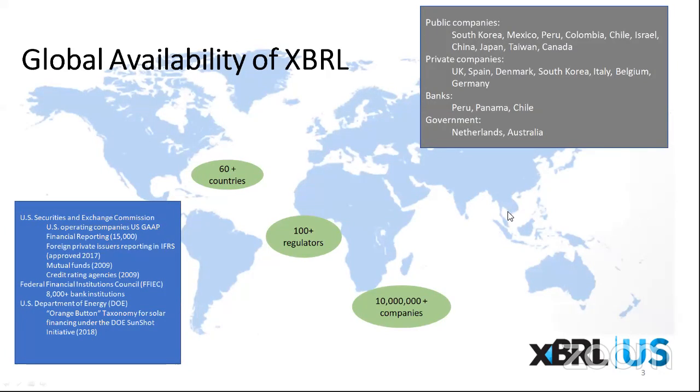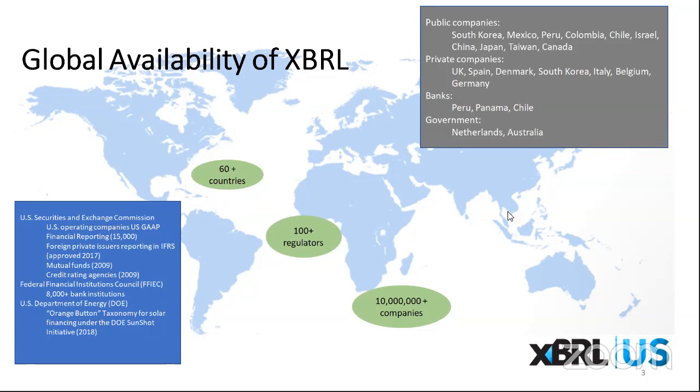In terms of availability, on the screen, you'll see a listing in the top right-hand corner of some of the countries outside of the United States that have XBRL data, either collected by a regulatory agency within that country or collected by an industry group.